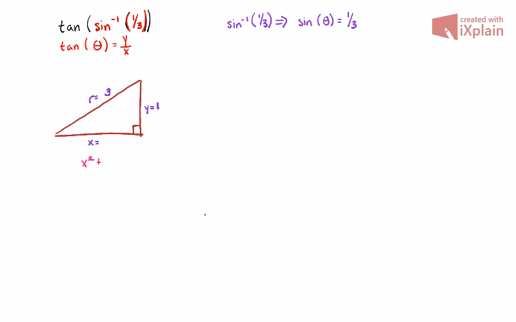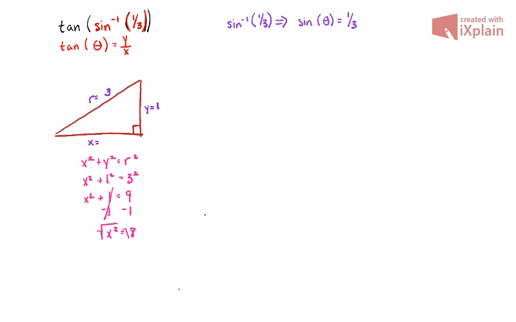So at this point, we can go ahead and use our Pythagorean theorem. Recall that x squared plus y squared is equal to r squared. I'm going to put in what I know. I don't know my x value, I do know my y, and I do know my radius. We'll clean this up. 1 squared is 1, 3 squared is 9. I will remove 1 from both sides, and I get that x squared is equal to 8.